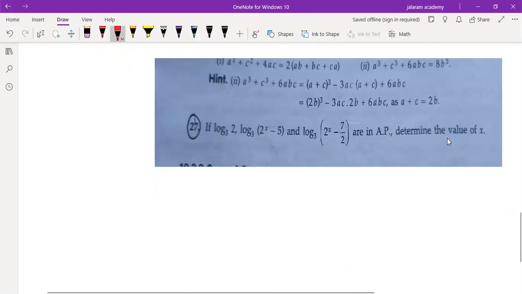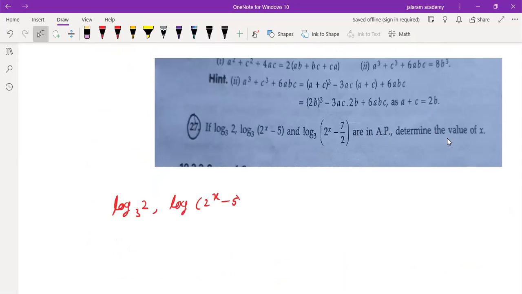If log 2 base 3, comma, log 2 to the power x minus 5 to the base 3 and log 2 to the power x minus 7 by 2 to the base 3 are in AP.